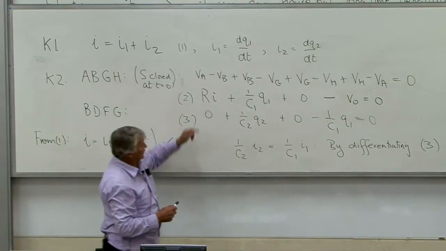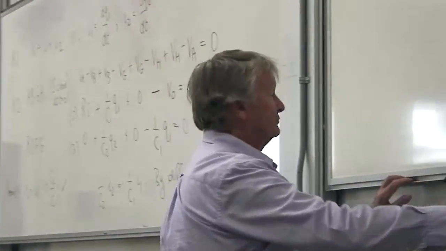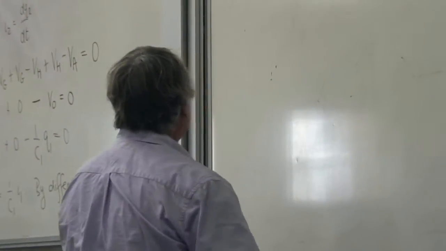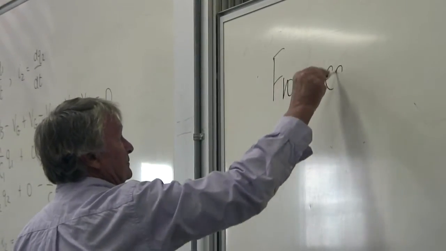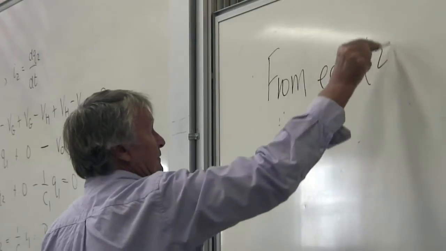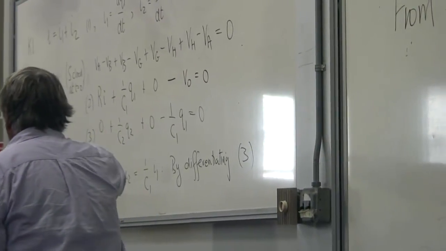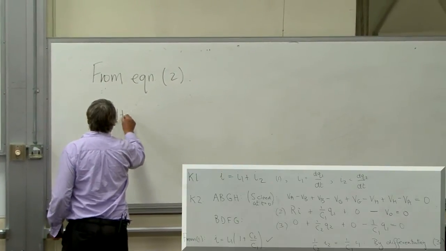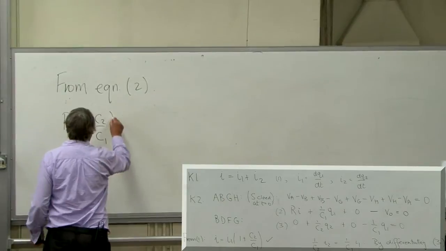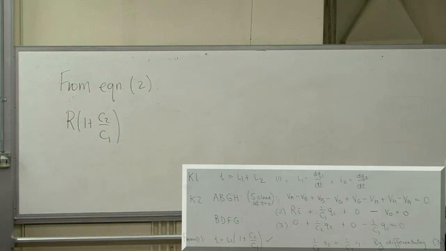Now I'll go to equation 2. From equation 2, I have R times I, but I is I1 times 1 plus C2 over C1. But what is I1 in terms of Q1?